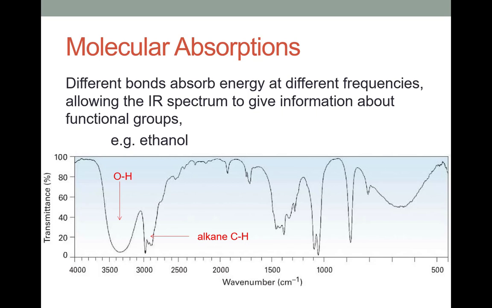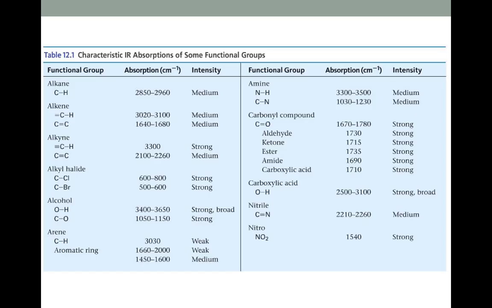So as we see in every textbook, we will have a chart that provides sort of a summary of these sorts of important interactions. You'll see in this chart, and this is from our textbook, but there are others that have different levels of detail in different textbooks and references. Singly bonded alkane molecules typically have absorptions just below 3,000 wave numbers, and those are in the medium sort of intensity.